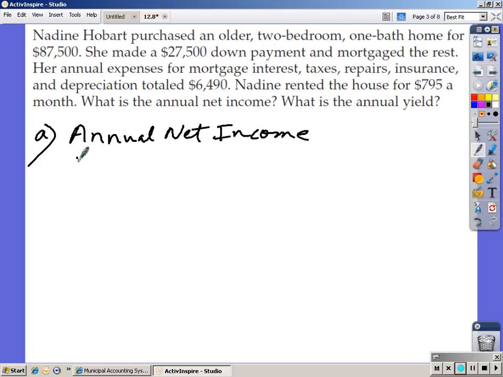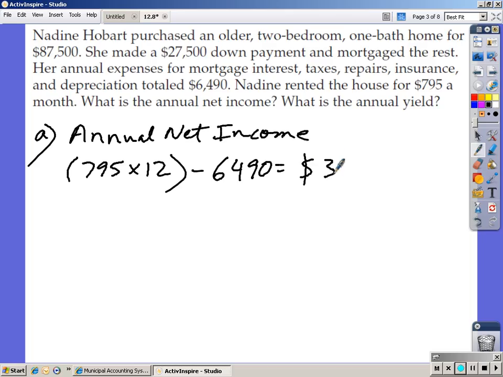The rental income is $795 a month, and she's renting this for 12 months, minus the annual expenses, which in this case are $6,490. Plug that in your calculator: 795 times 12 minus 6490 gives me $3,050 for an annual net income.